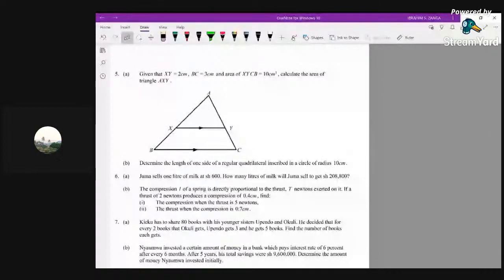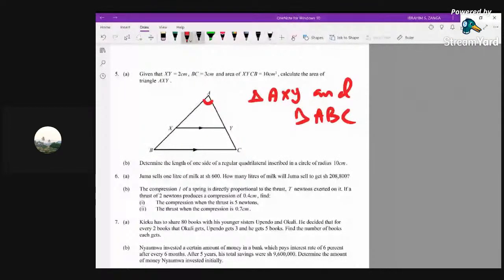So I'm going to give you a very direct, very clear hint that there is a common angle, as you can see. Consider triangle AXY and triangle ABC, then we are going to see that A is a common angle and also angle B equals angle X, their corresponding angles, and this angle here is going to be the same as that angle, their corresponding angles.